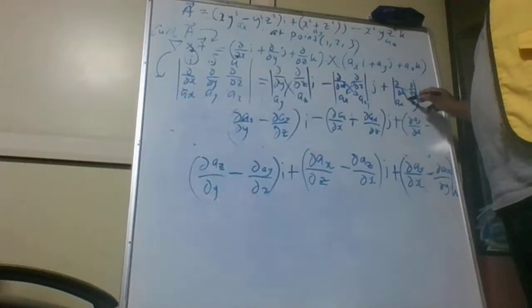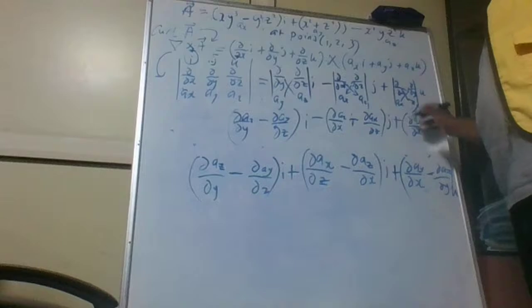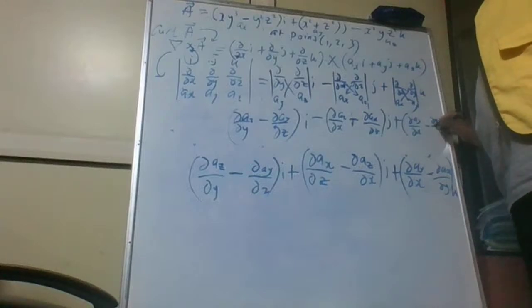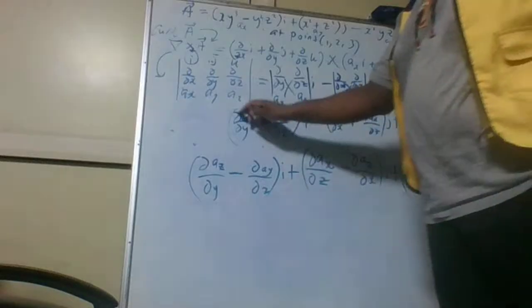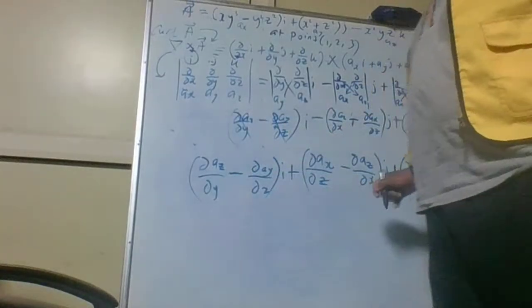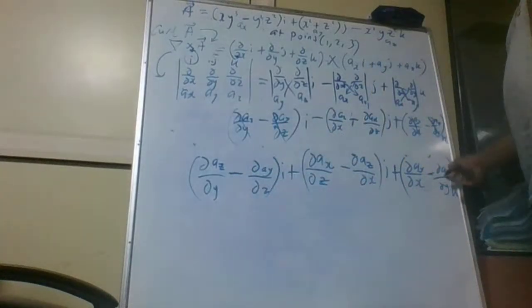So this times this minus this times this: partial AY over partial X minus partial AX over partial Y, K. Now if you notice, this and this are the same, this and this are the same, this and this are the same.